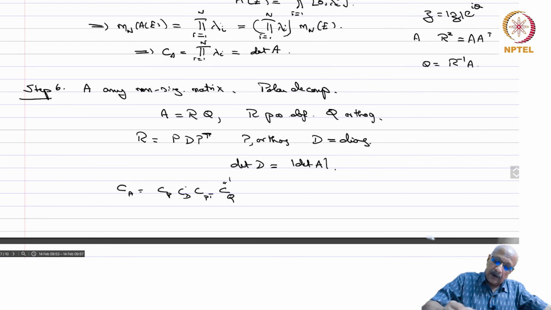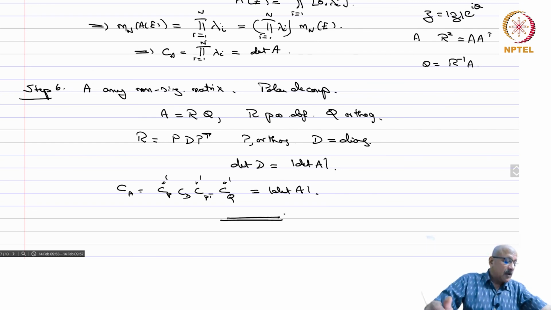All these are 1 except CD, and this is equal to mod determinant of A. Okay, and that proves this theorem.